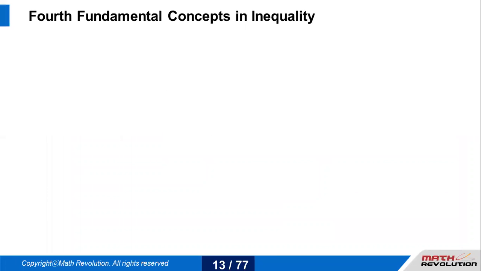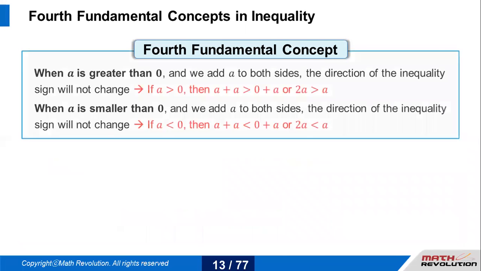Let's talk about the fourth fundamental concept in inequality. If a is greater than 0, and if we add a to both sides, the inequality direction would not change. What does it mean? If a is already greater than 0, and if I add a to both sides, it becomes a plus a greater than 0 plus a, or 2a is greater than a.